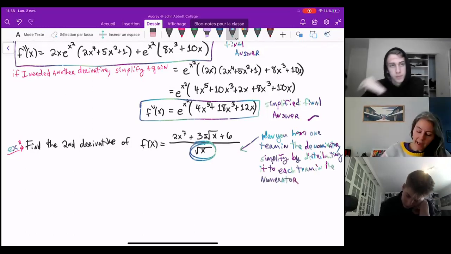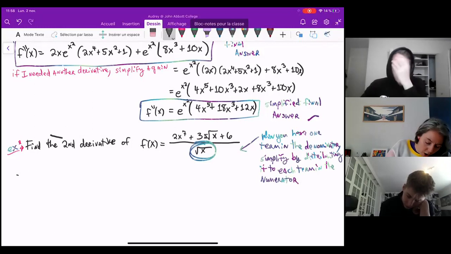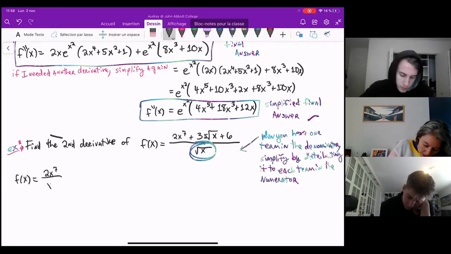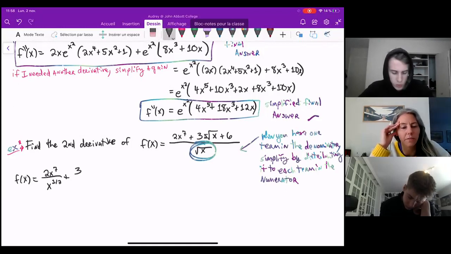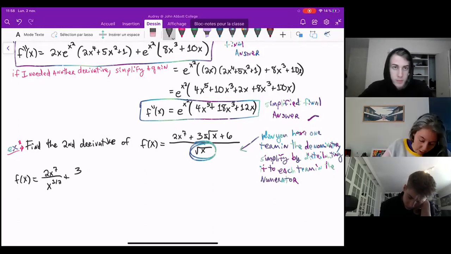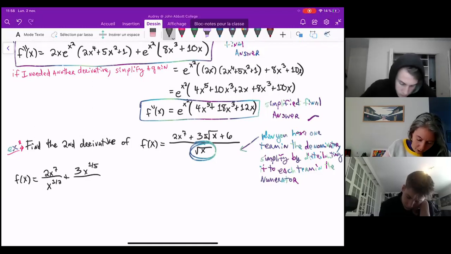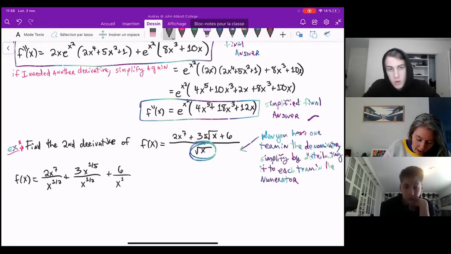So in other words, I'm going to start off by simplifying like this, 2x to the 7 over x to the 1/2 plus 3, the fifth root of x. What's that x to the power of? 1/5. Good. So hopefully you remember that rule, x to the 1/5 over x to the 1/2 plus 6 over x to the 1/2.